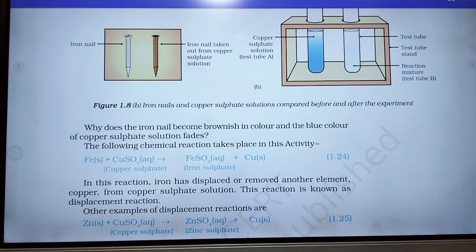Here we can see that copper is less reactive, so that's why iron has displaced another element, that is copper, from copper sulfate solution. Copper is displaced from copper sulfate, forming iron sulfate, because copper is a less reactive element.